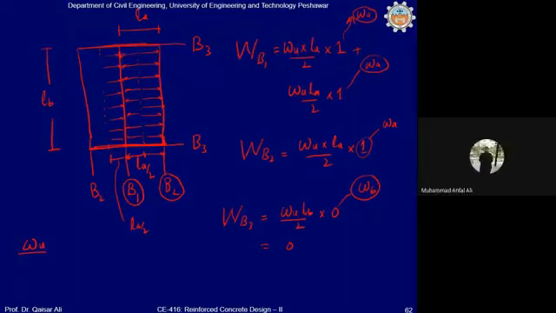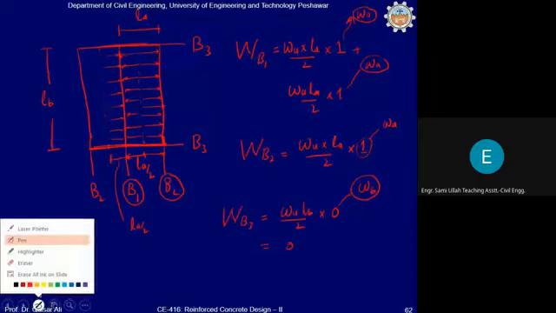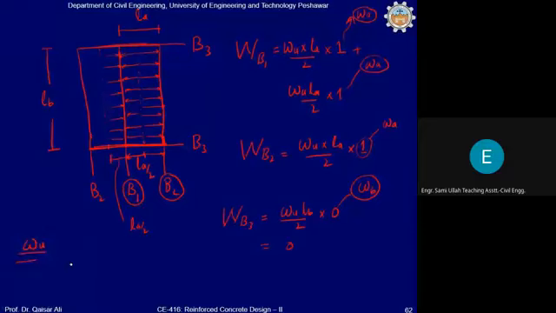No sir. Okay, now for example, suppose it is a two-way slab system. LB divided by LA is less than 2, for example. So now what about this coefficient WA?